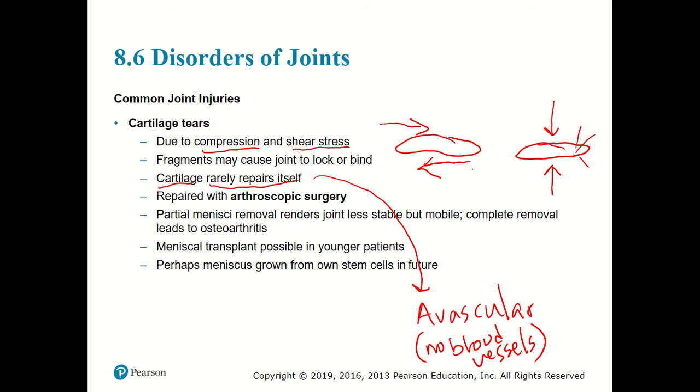We can't bring the nutrients and healing properties to repair the cartilage itself, and we cannot get out the waste. And because of that, cartilage tends to actually scar up. So scar tissue forms in replacing of the damaged cartilage. And we see that occurring. So because there's no blood, again, we can't heal. And again, cartilage forms scarring or doesn't heal completely.